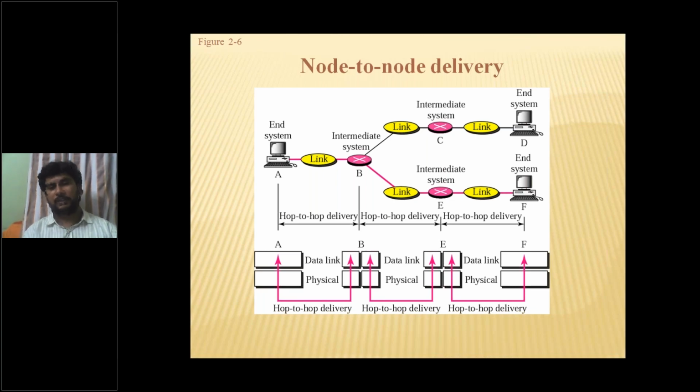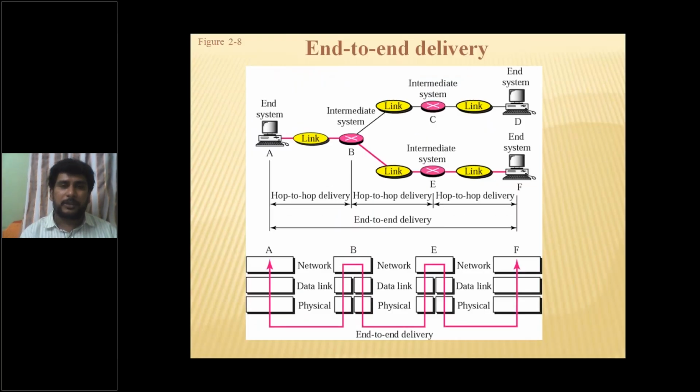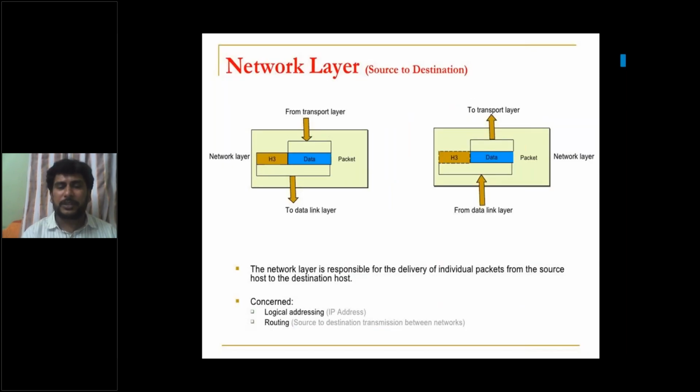Next, B becomes the source and E becomes the destination. Finally, E becomes the source and F becomes the destination. So the MAC address changes from node to node, but we find the IP address, which is called the logical address, remains the same. And that is the reason why your IP address is referred to as the universal address. So IP addressing and routing of packets is one of the major functions performed by your network layer.